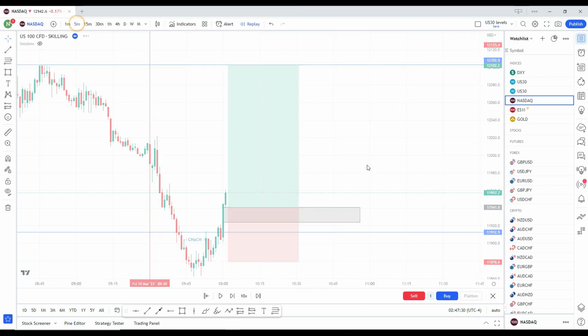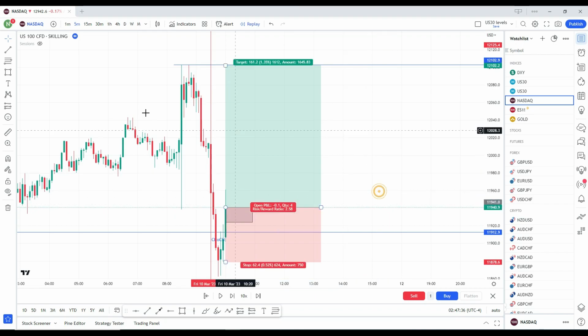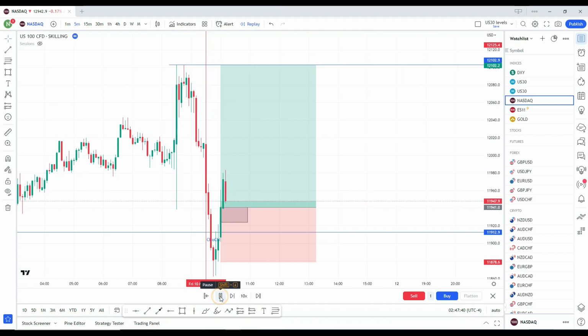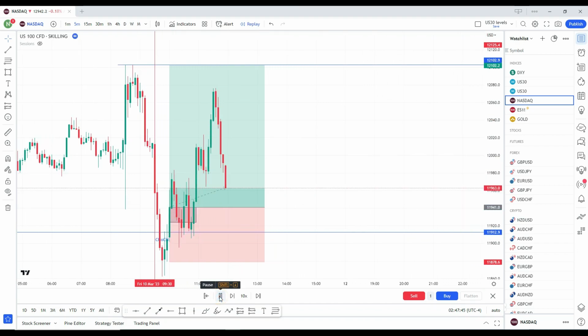You can switch to 5 minute or 15 minute time frame. We're in the trade now.